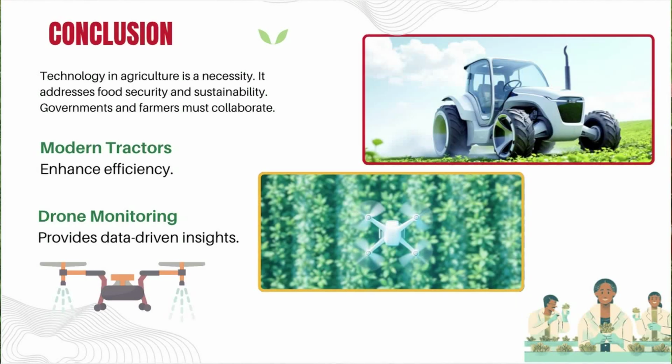So from the above discussion, it can be realized that technology in agriculture is no longer an option, but a necessity. It addresses the urgent challenges of food security, environmental sustainability, as well as resource efficiency, while driving economic growth by enhancing productivity, promoting rural development, and boosting competitiveness.